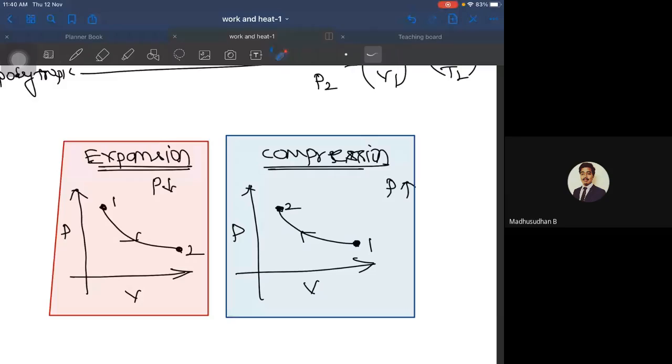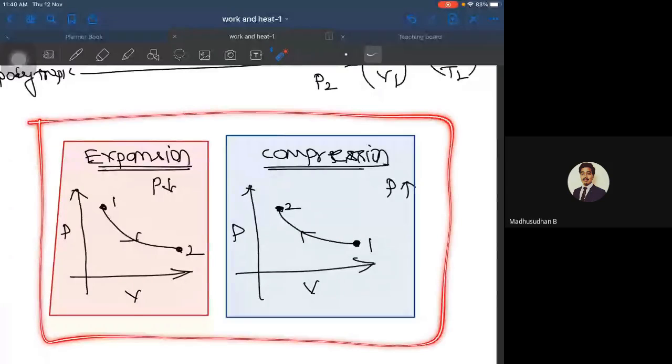So if he has said an expansion process, you have to draw a PV diagram like this, indicating it goes downward, which indicates that the pressure is decreasing. Similarly, when he says the compression process, you go in the reverse direction, where pressure gets increased like this. So take the screenshot of this as well.